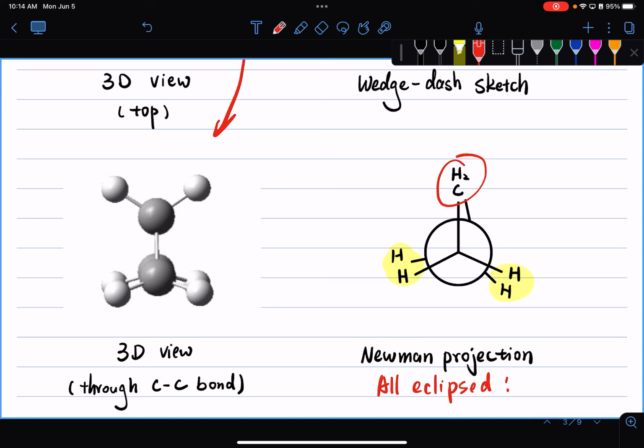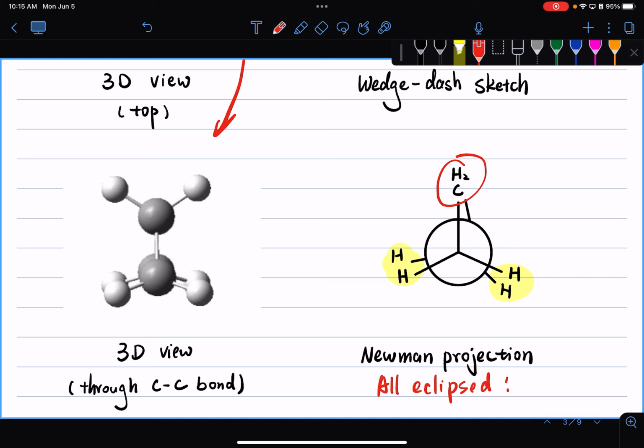Yes? Is there a difference between eclipse and torsional strain? Yes and no. Eclipse is more generally applicable whenever you have two groups that are eclipsed on top of each other. But torsional strain can be more applicable compared to simple eclipsing, because with eclipsing, we're only referring to single bonds that are eclipsing each other.